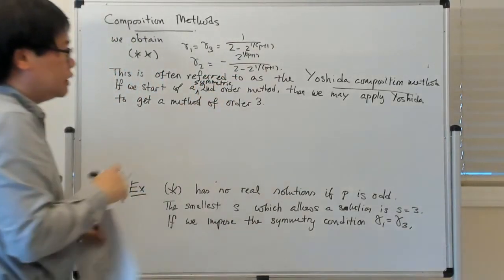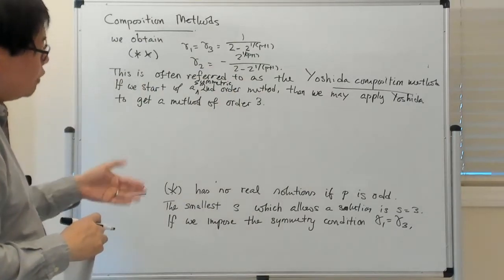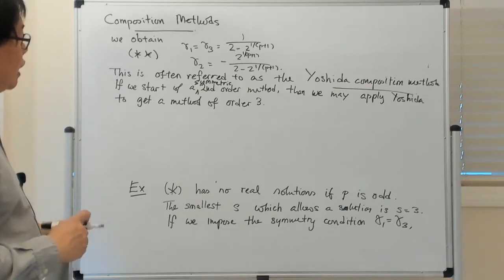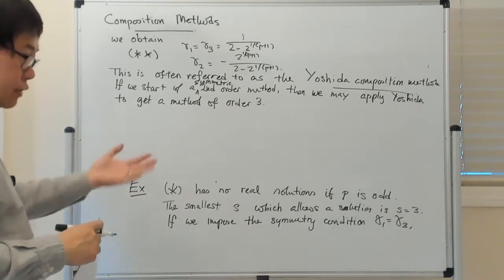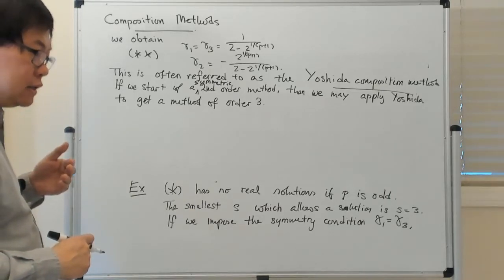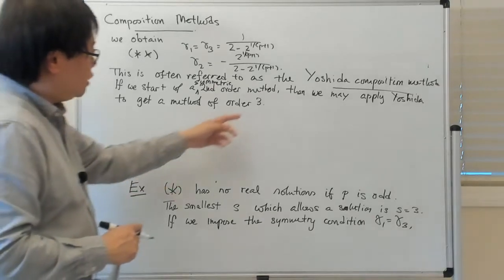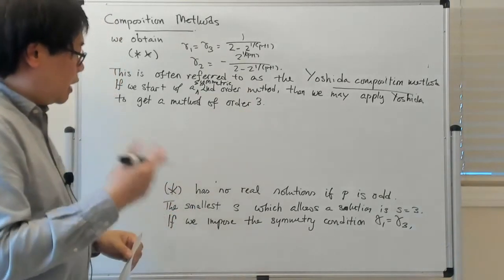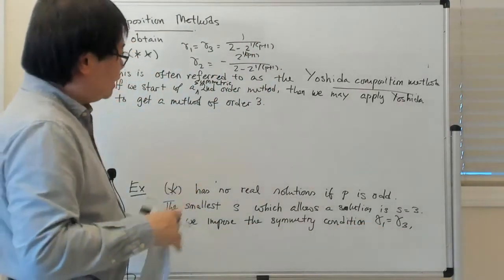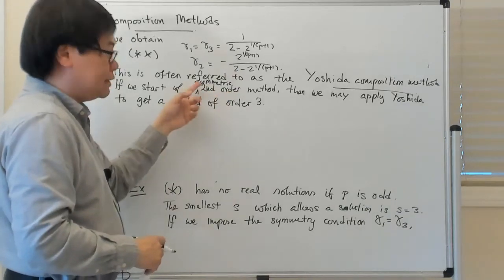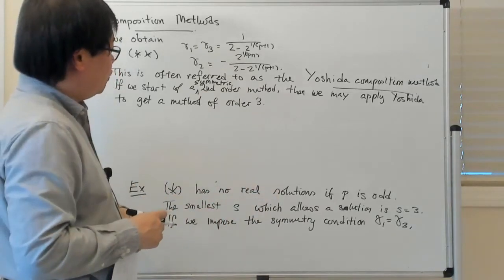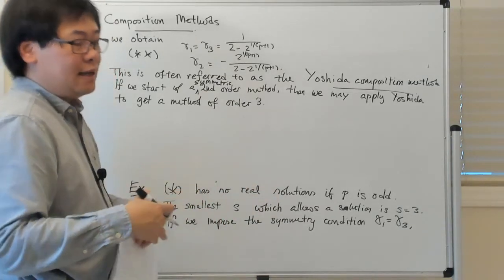This is when it's most widely used: you start with a symmetric second order method, you apply this Yoshida composition method, and then by the theorem which we stated, the method is guaranteed to be at least one higher order, so it's guaranteed to be order 3. But because gamma 1 is equal to gamma 3, and the underlying second-order method is also symmetric, this palindromic composition of a symmetric method is again symmetric.